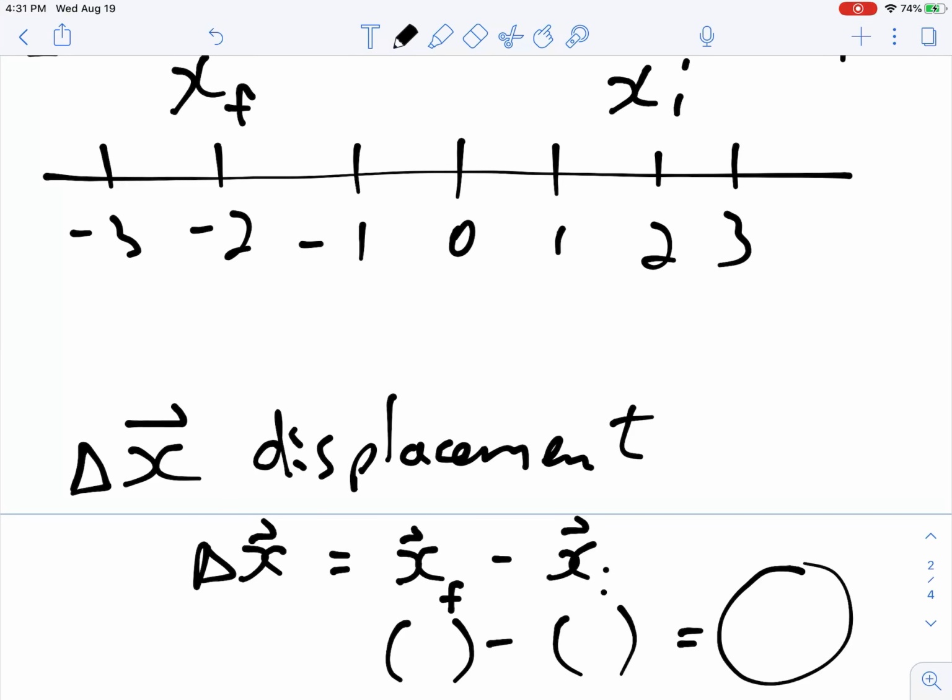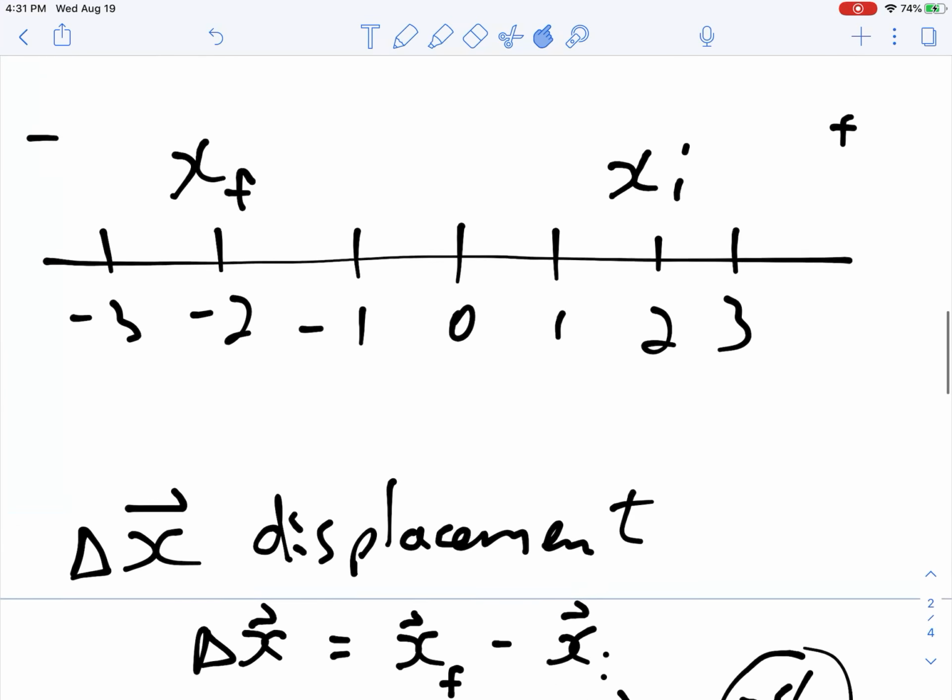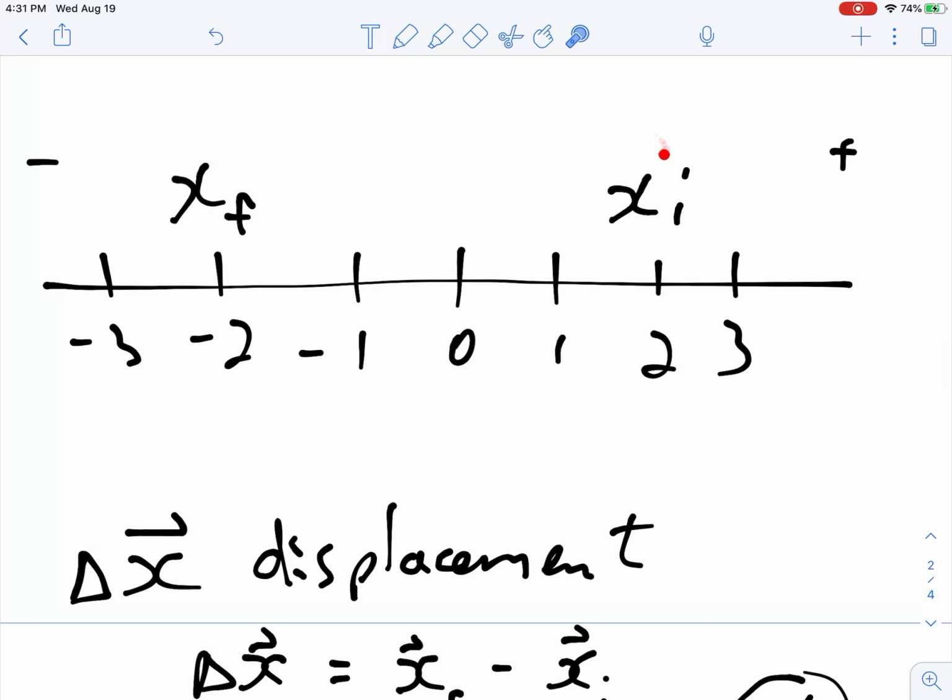So my initial position is 2, my final position is negative 2, so negative 2 minus 2 gives me negative 4. And let's have a look. Negative 4 means I started here and I moved 4 units to the left, to the negative side. 1, 2, 3, 4 units to the negative side. That gives me my final position. I hope that makes sense.